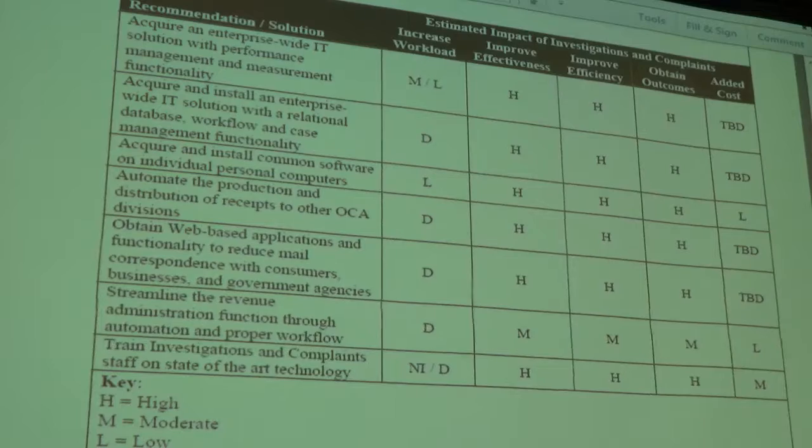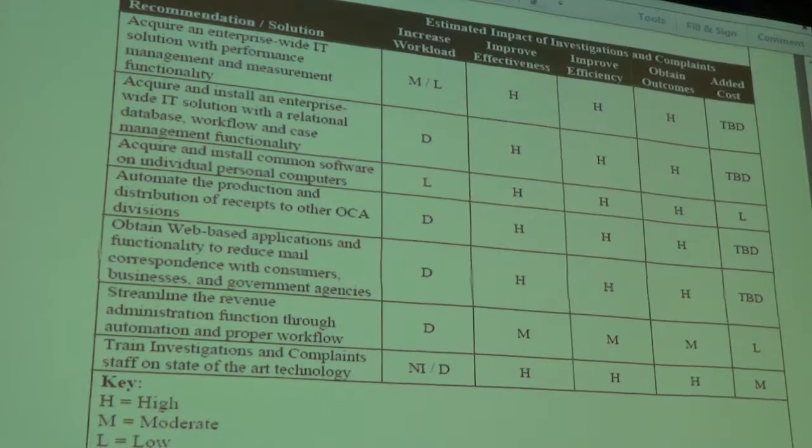All right, the streamlining of the revenue administration. As I mentioned, programs tend to affect other functions within the organization. In this case, because fees were being assessed, it's going to have an impact on the revenue administration. So that was going to decrease the workload of the revenue staff because things were not going to be entered manually into ledgers. It was going to be automated, with more automation to streamline the process.